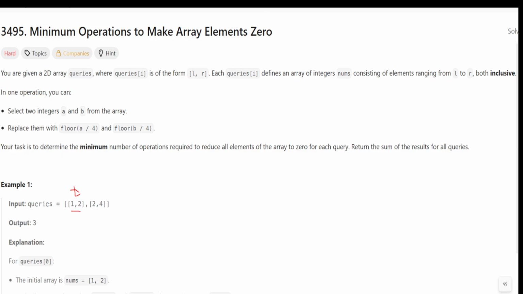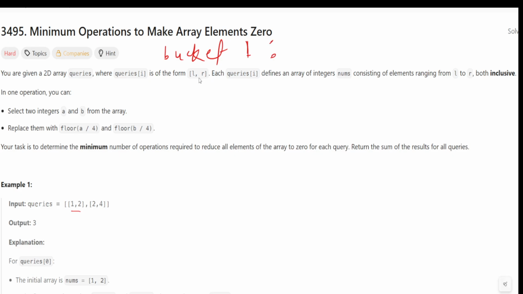Can we say that we have some buckets, and we will iterate through the buckets of numbers? Bucket one is nothing but an index.